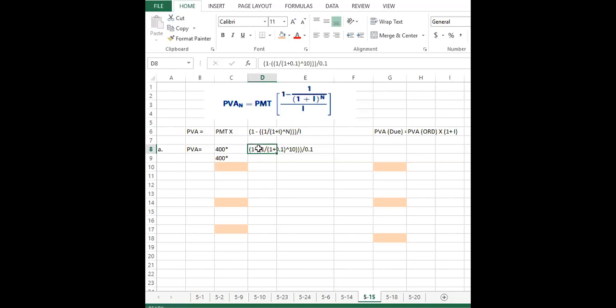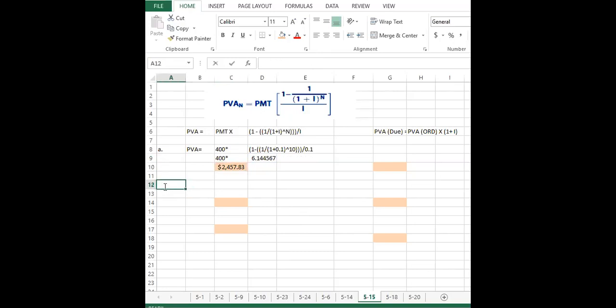Okay, class. So next step is to calculate factor. And the factor is 6.1445. And then the last step, simply multiply your payment with the factor. So this is the present value, $2,457.